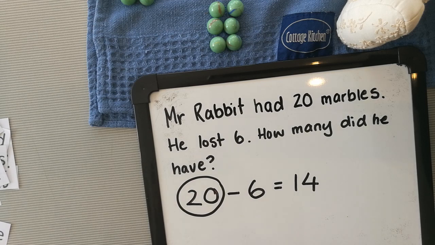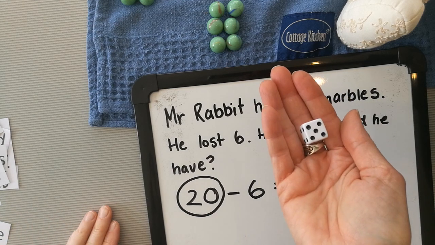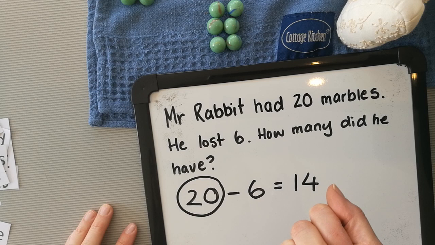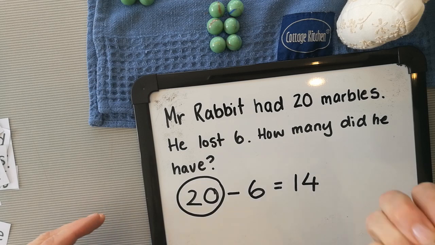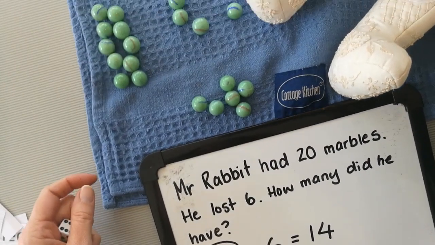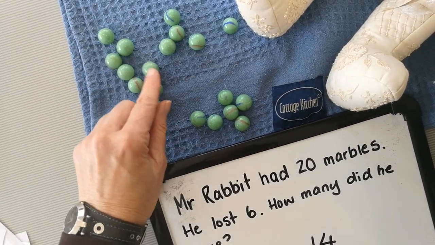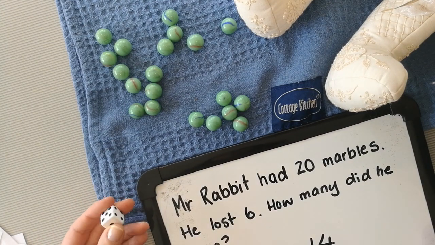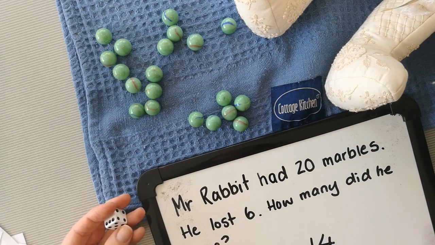And I would like you to get a dice and you are going to find what you're going to subtract from 20. Okay, now besides the dice, you're going to need something like Mr. Rabbit has. He had some marbles. You might have counters, you might have beads, you might have blocks, whatever it is that you decide to find 20 of. And you're going to make them into 20.